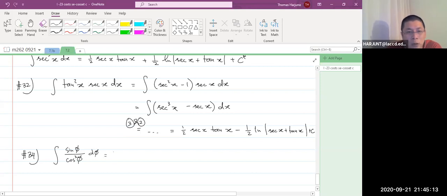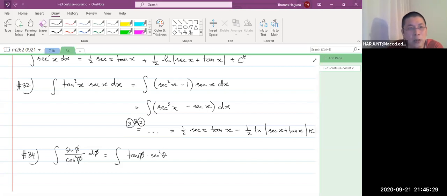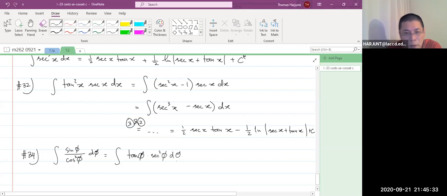I can rewrite this into integral of tangent phi times 1 over cosine squared, that is secant squared, phi dphi. This one is easy. Let u equal tangent phi, right? So du is secant squared phi dphi.